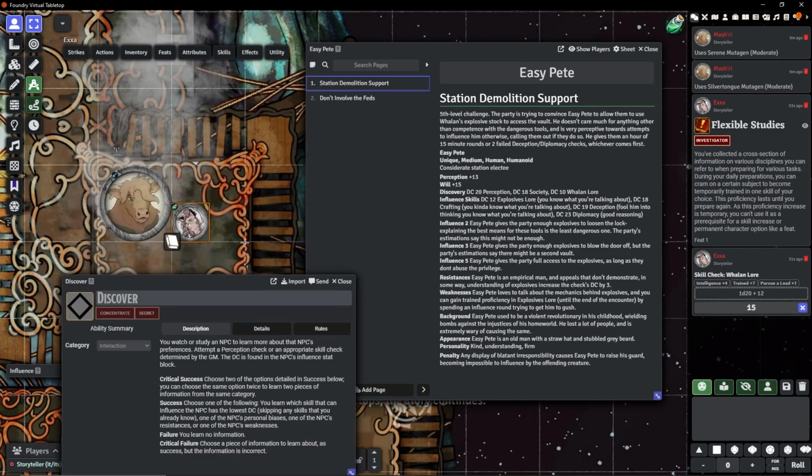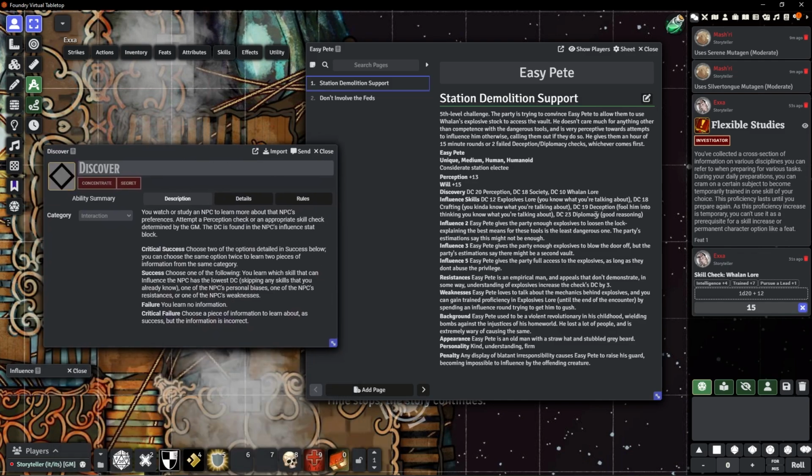In this case, Exxa was going out on a limb and saying that the lore would likely have a much lower DC. But currently the party would only know that they can use explosives lore, crafting, deception, or diplomacy. And Exxa here could learn that explosives lore is the easiest skill by far.